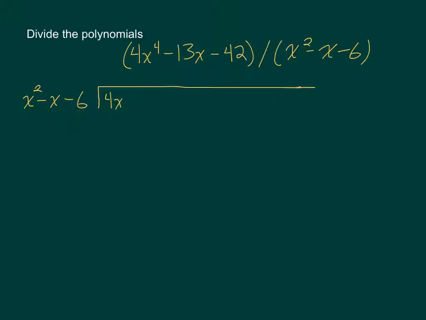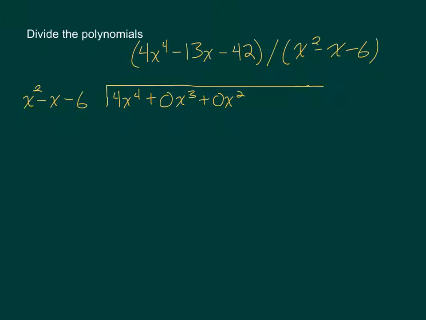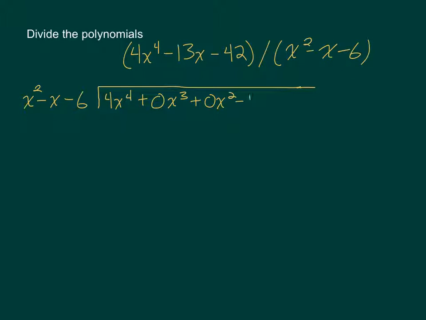So 4x to the fourth, plus 0x cubed, plus 0x squared, minus 13x minus 42. And you'll see why in just a moment, why we include all of these zeros that are not part of the original problem.